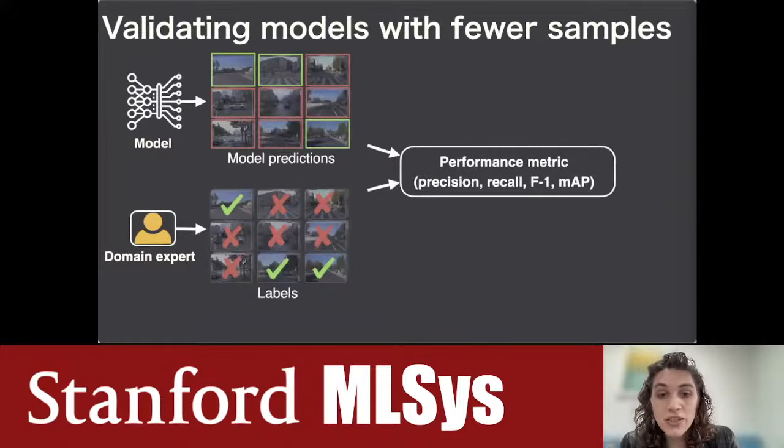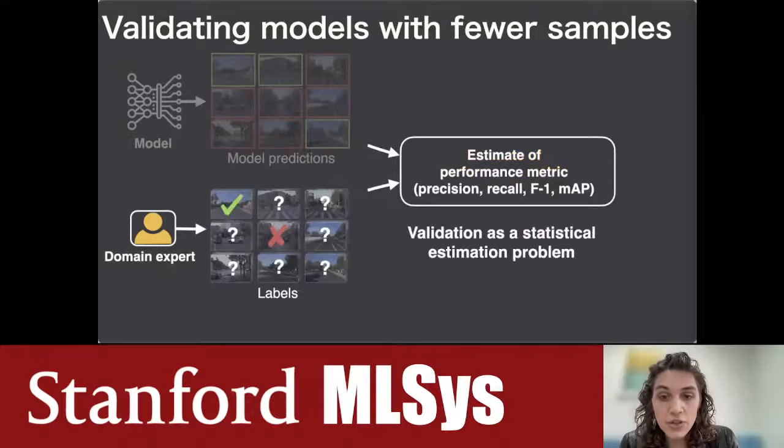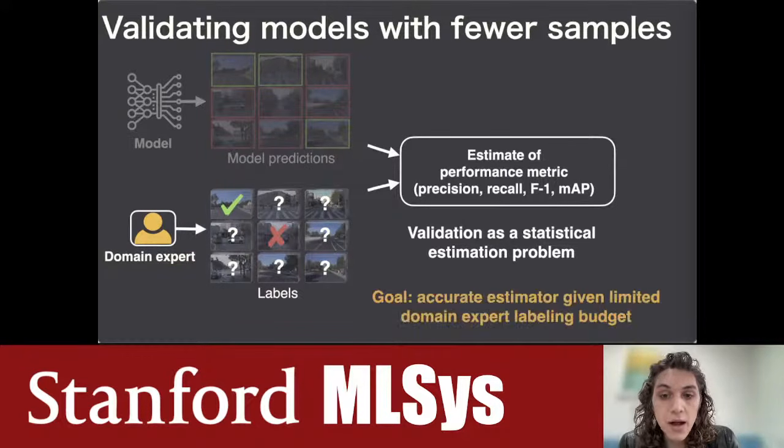So instead, what we'd like to do is sample a subset of the data set to label. But this means that now we only have an estimate of the performance metric. And obtaining an accurate estimate is just a statistical estimation problem. So then our goal is to find an accurate estimator of the performance metric, F1 or MAP, given a limited domain expert budget.